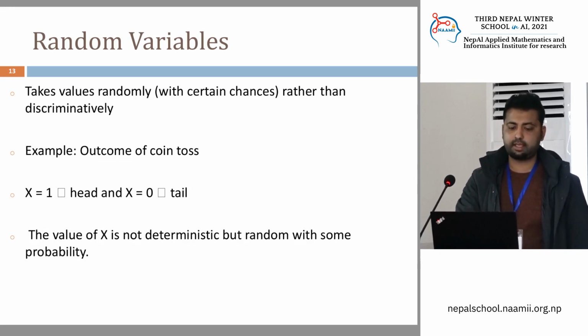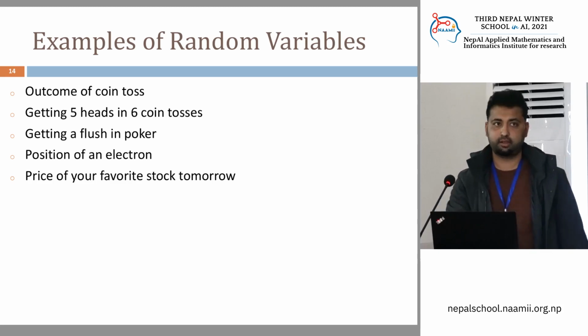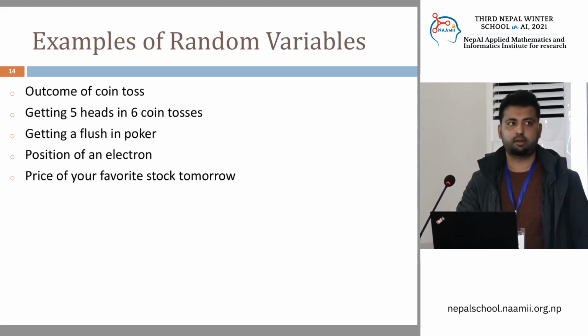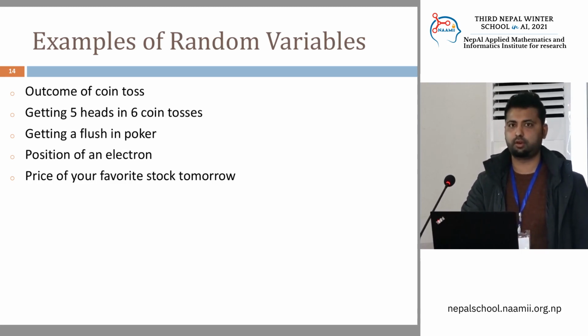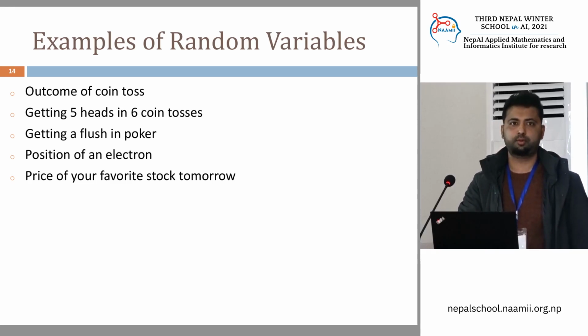Other examples: if you are playing poker, the chance that you will get a flush, for example, is a random variable, because you don't know whether you will get that or not. And to talk a little bit about quantum mechanics, if you look at the position of an electron, you don't know where it is. There is a distribution over the space where you might find an electron, but you don't know where it is.